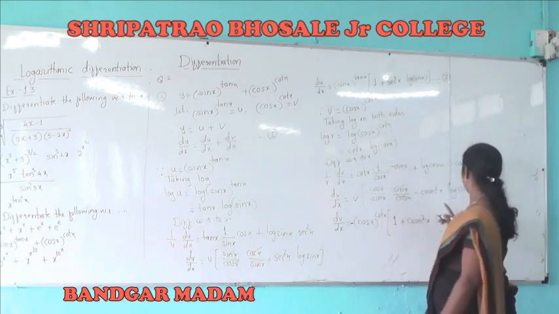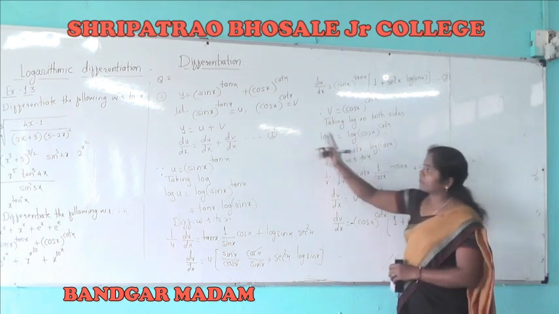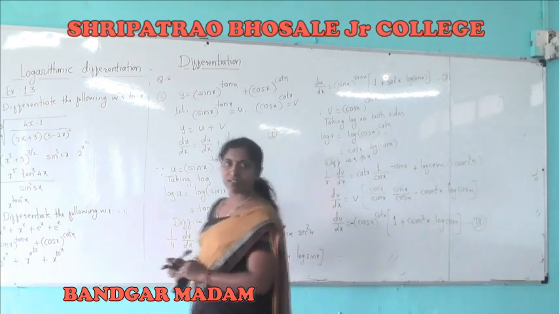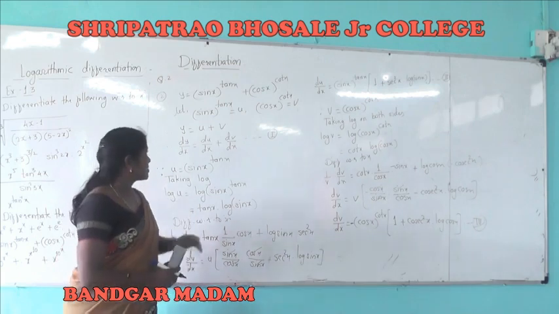Now when we replace 2 and 3 in equation 1, we get the final answer for dy by dx.